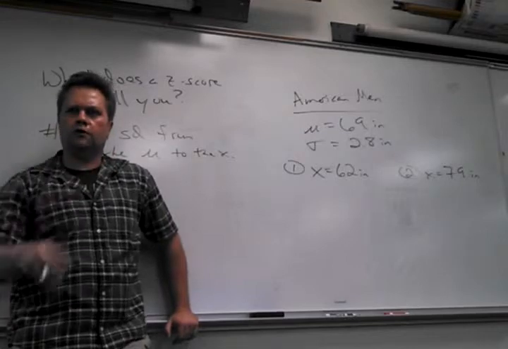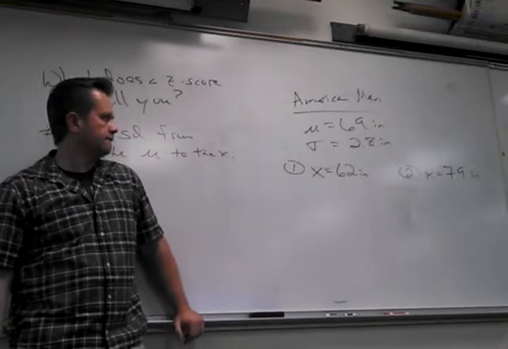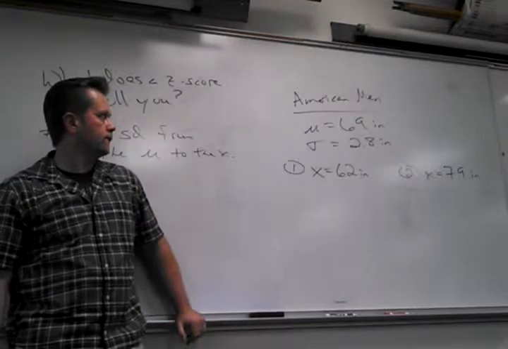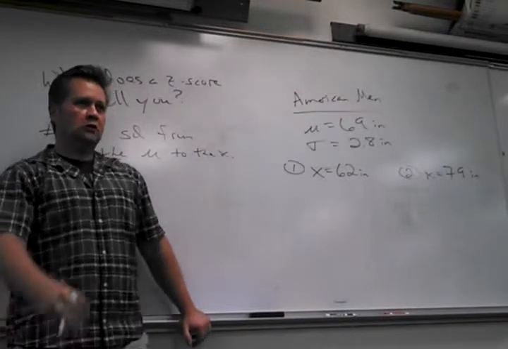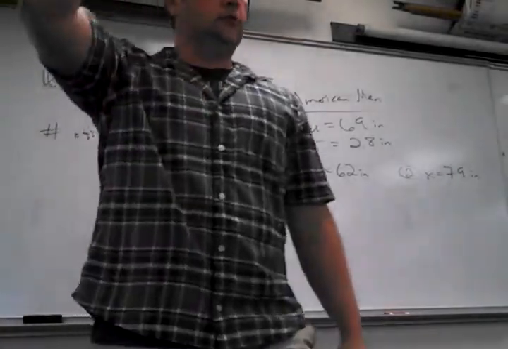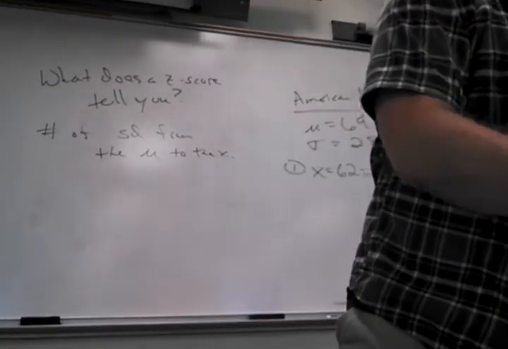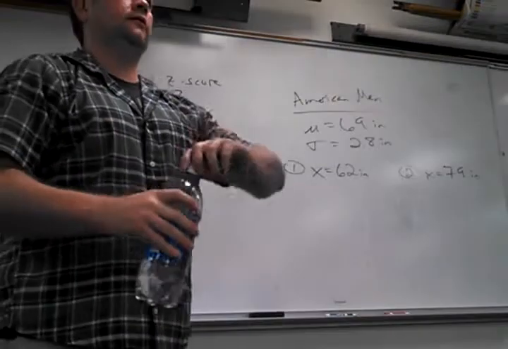Figure out the z-score for both those situations. My z-score is basically 0, which meant my dreams of being a basketball player were pretty much dead at 15.